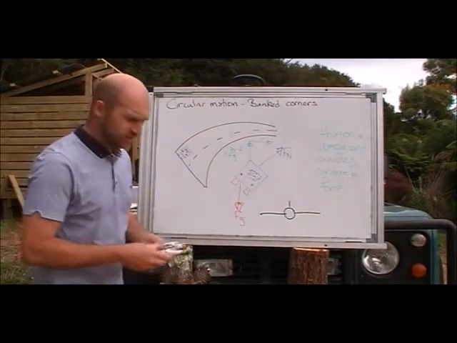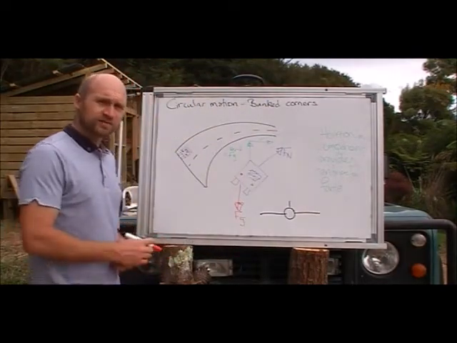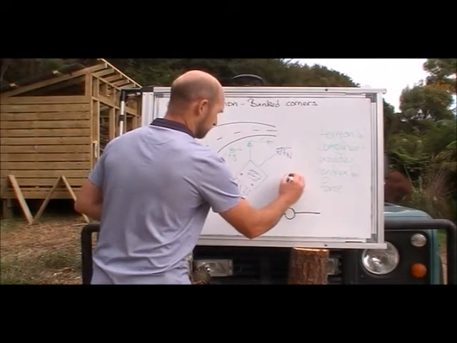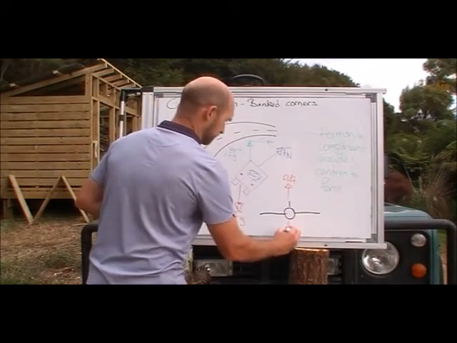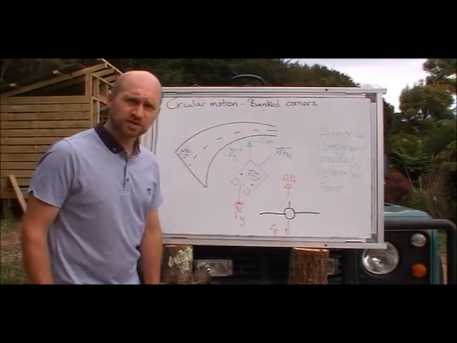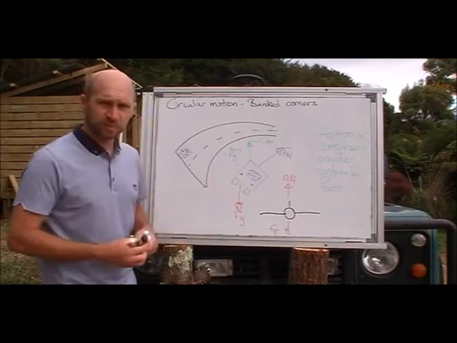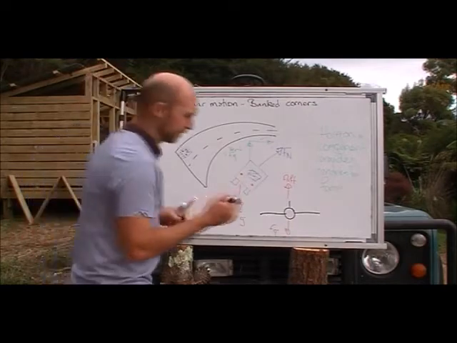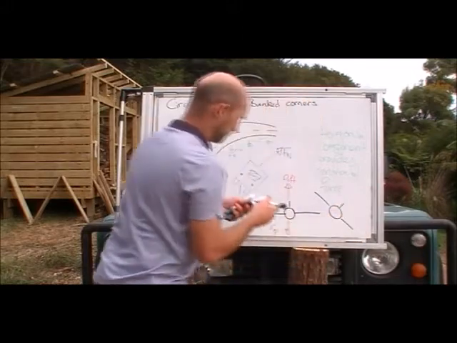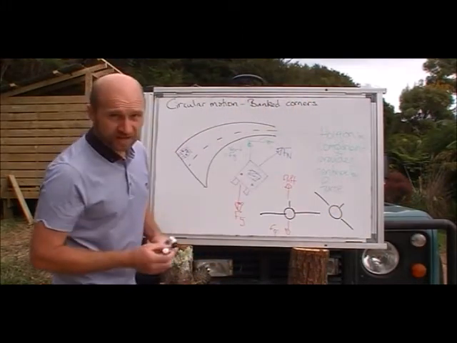So if that's your aeroplane in straight level flight, we've got the gravity force equal and opposite to the lift force. If the pilot banks the plane, we've still got gravity acting downwards.